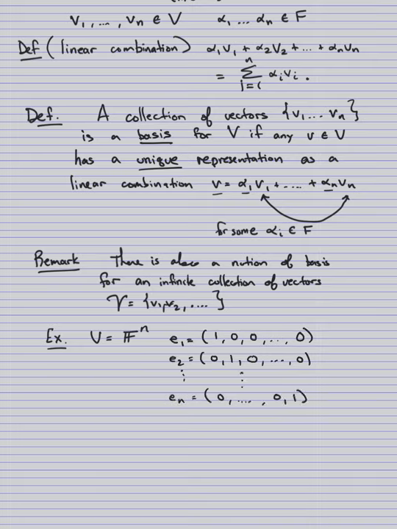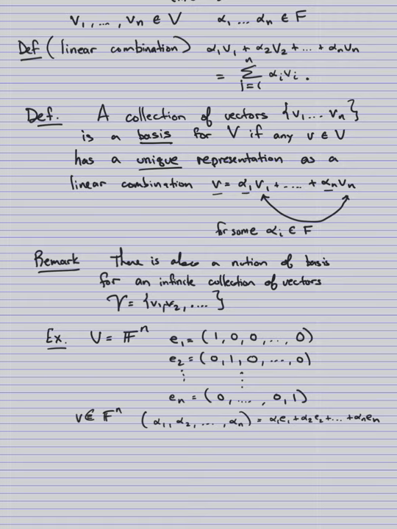Okay, so it's easy to see that any vector in F to the n I can write as a linear combination of such terms. When I write a vector in here, it's of the form alpha 1, alpha 2, up through alpha n, and this is just alpha 1 E1 plus alpha 2 E2 up to alpha n En.